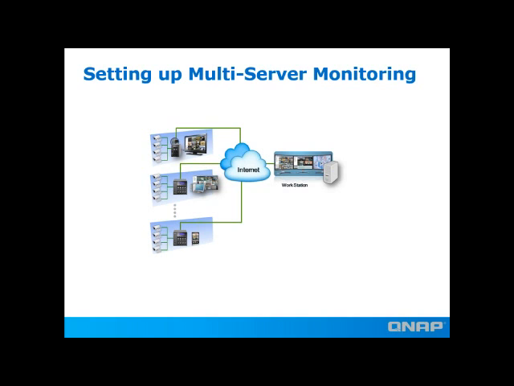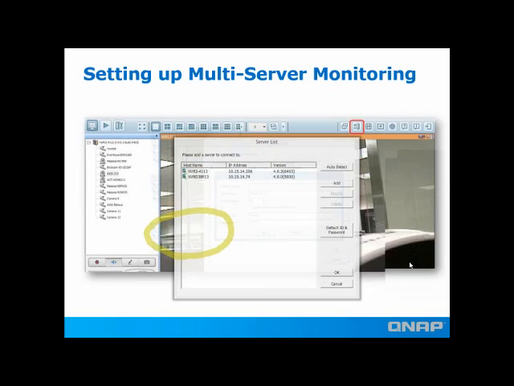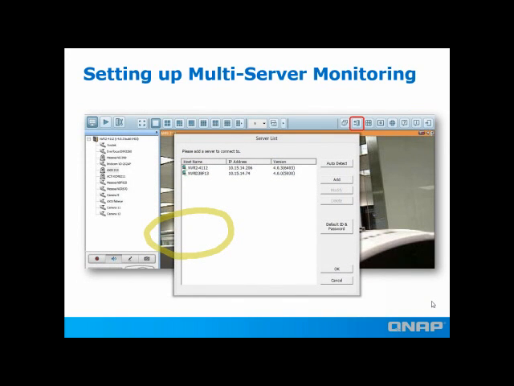So the next topic is that if you want to daisy chain more than one standalone NVR together like this, it's very easy. Basically you log into the server that you want to use, for example this one. So it's going to look like this.